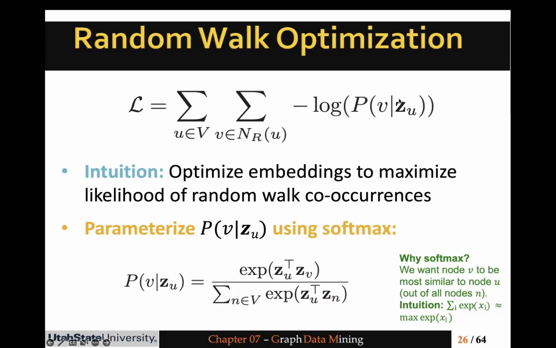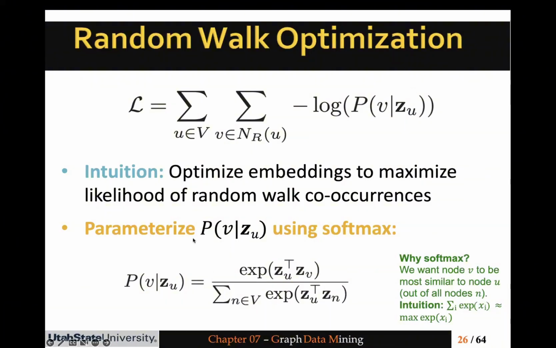Now, how can I define that in such a way that my optimization algorithm can perform changes on the z_u and z_v efficiently? In order to do so, I just need to parameterize this posterior probability by defining it as follows. I'm using a softmax to define this probability.